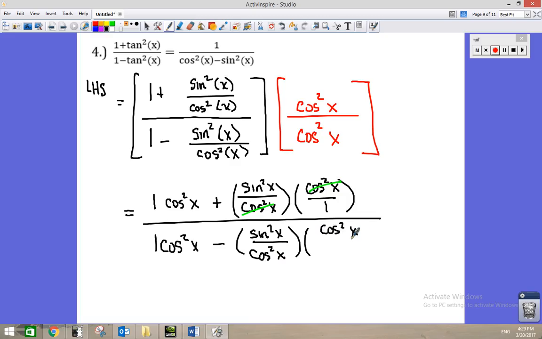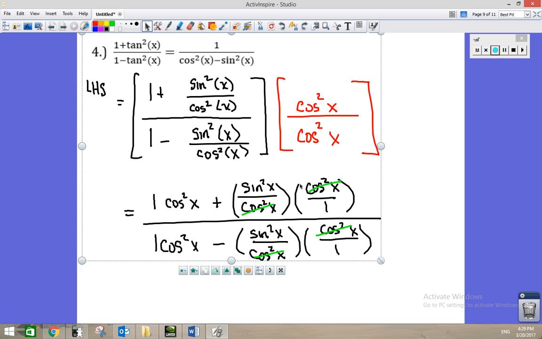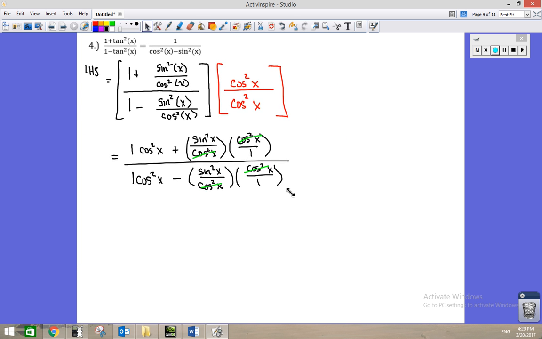So this cosine squared of x and this guy, they cancel. This is in the numerator, and that's in the denominator of this denominator. Alright, so let's see if we can shrink this up and see what we have here. In the numerator, we have cosine squared of x plus sine squared of x.